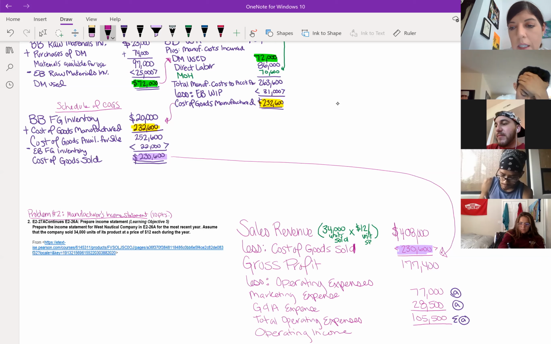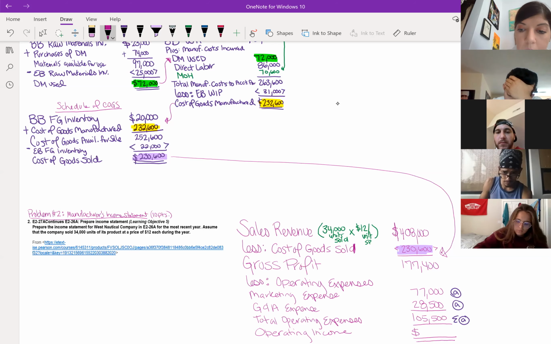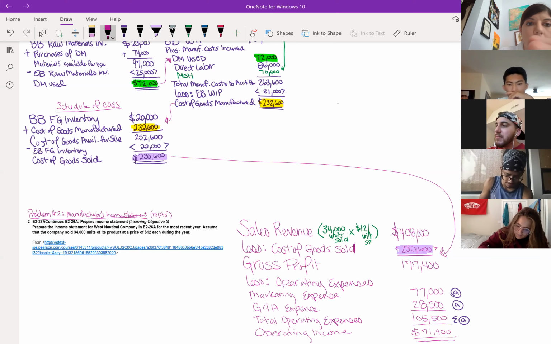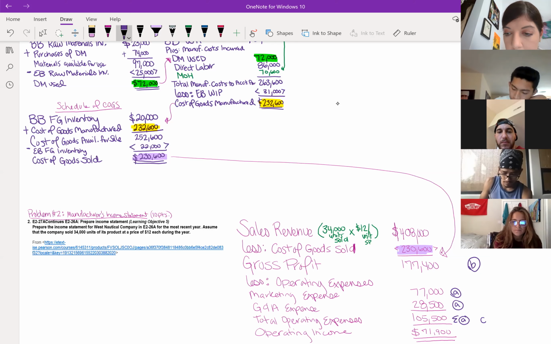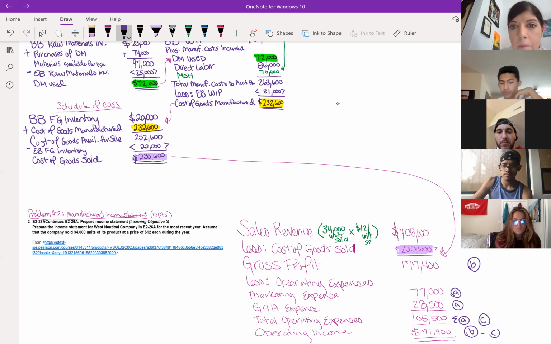So 177,400 gross profit minus 105,500, which are total operating expenses, gives us operating income of 71,900. And I can label it if you want me to. So I'll just say gross profit minus total operating expenses gives you operating income, B minus C.